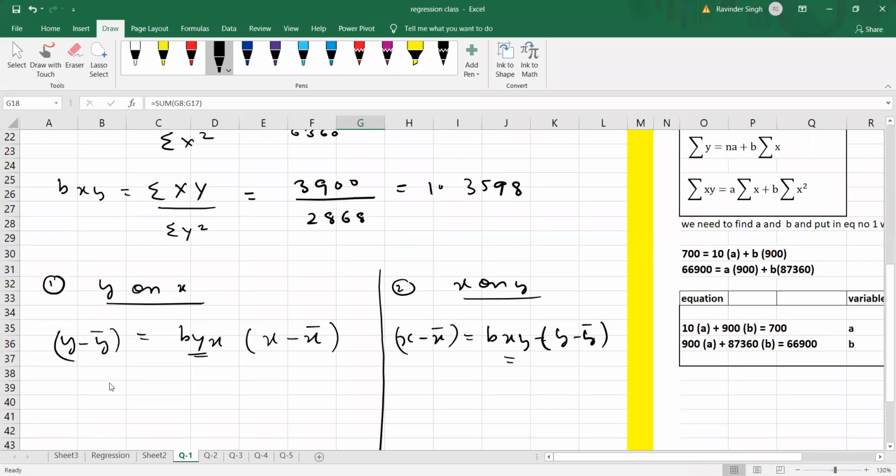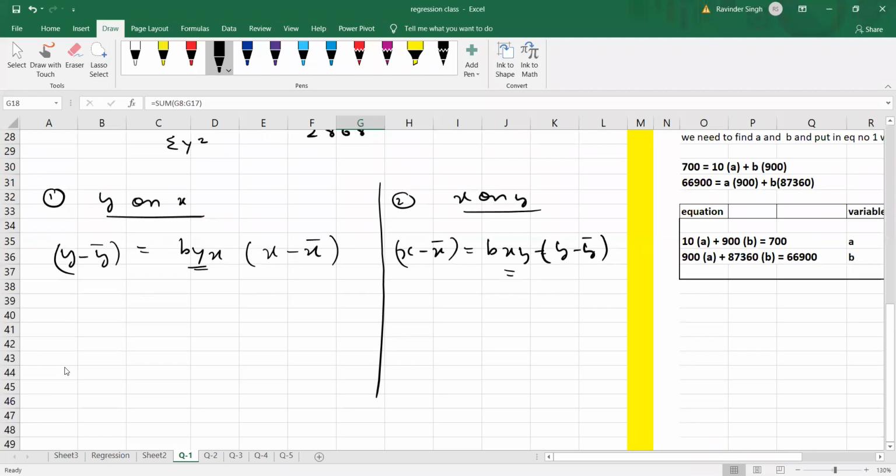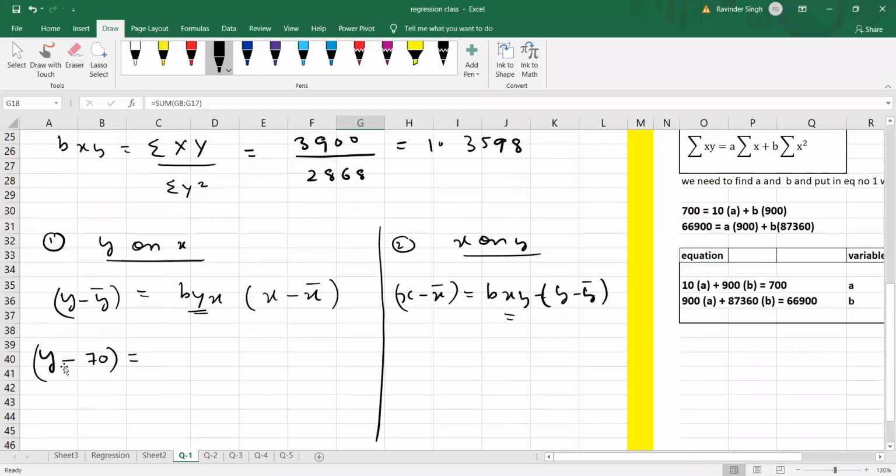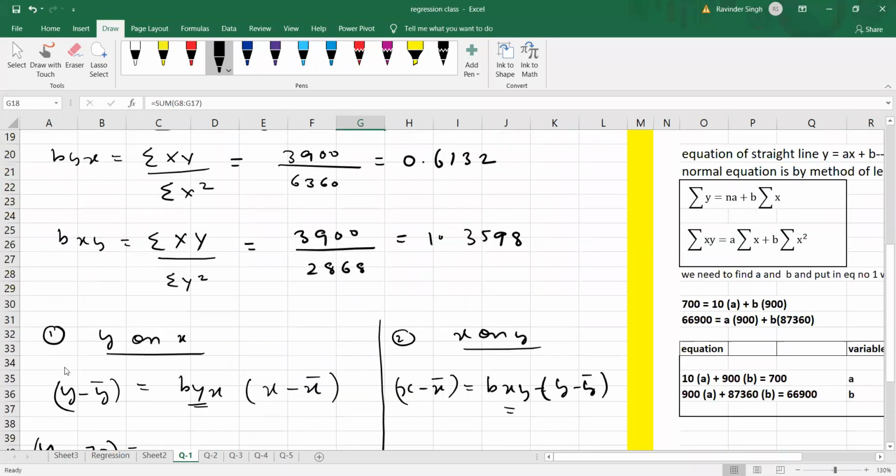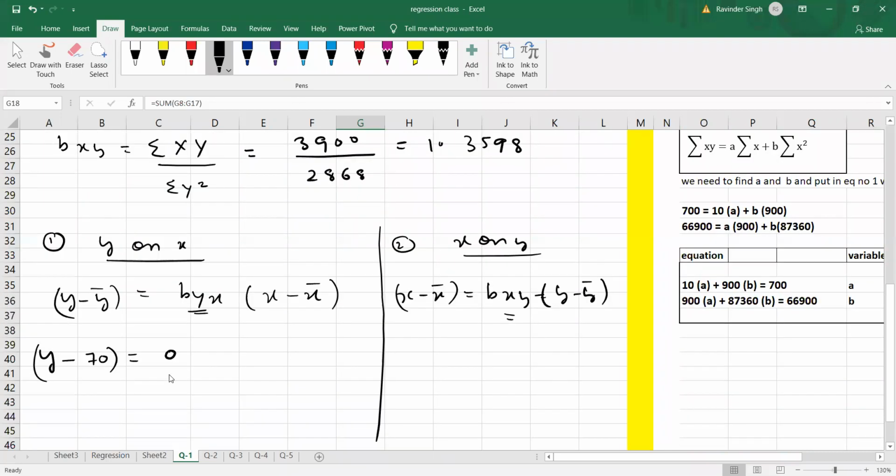Now let us substitute this in this equation of y on x. So we have y as it is. What is the mean of y? Mean of y was 70, is equal to byx value, how much? byx value is 0.6132. So this will be 0.6132 times x minus mean of x, which was 90.